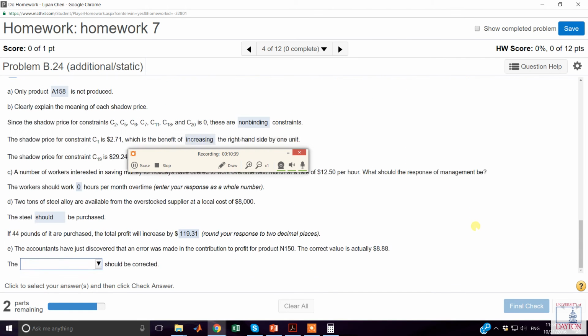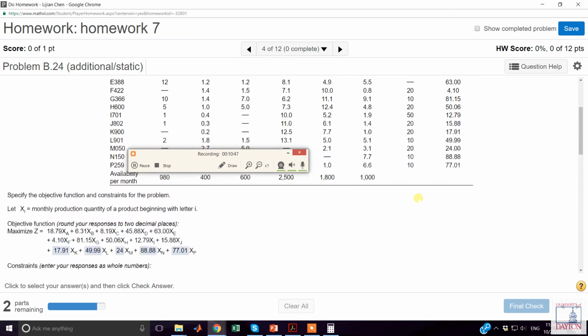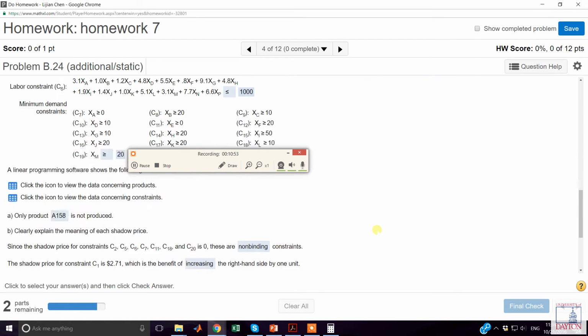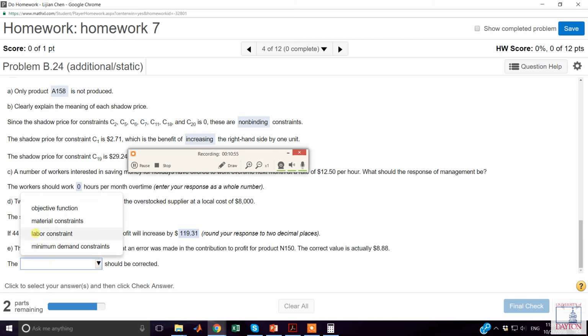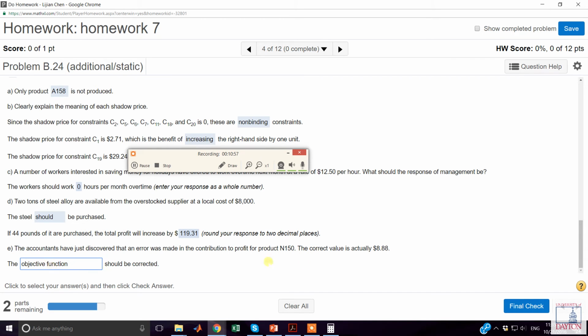So I made a mistake, so what should we do? If that ever happens, I'm going to fix this number because the objective function is wrong and we need to fix that. So the answer for this question is I'm going to fix the objective function.